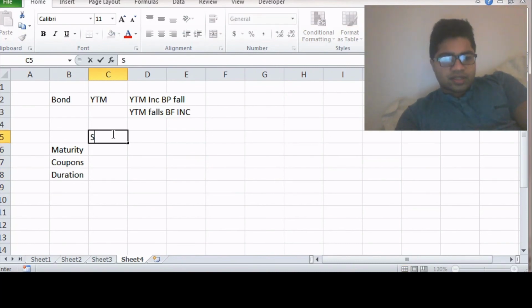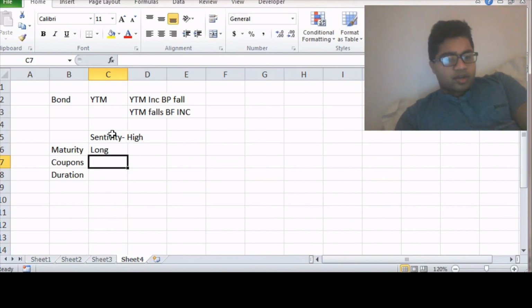Sensitivity is high when the maturity is long, when the coupon rates are low.